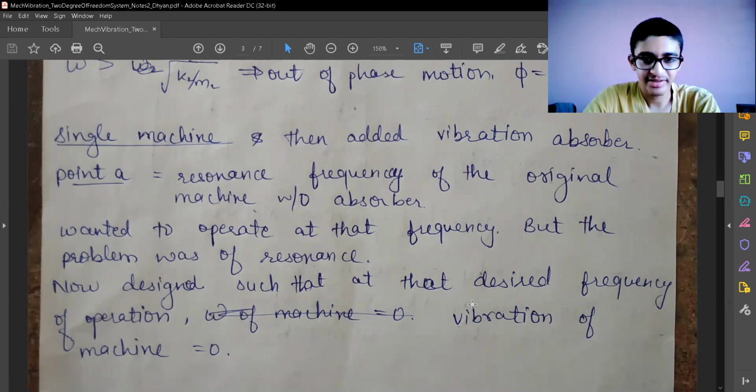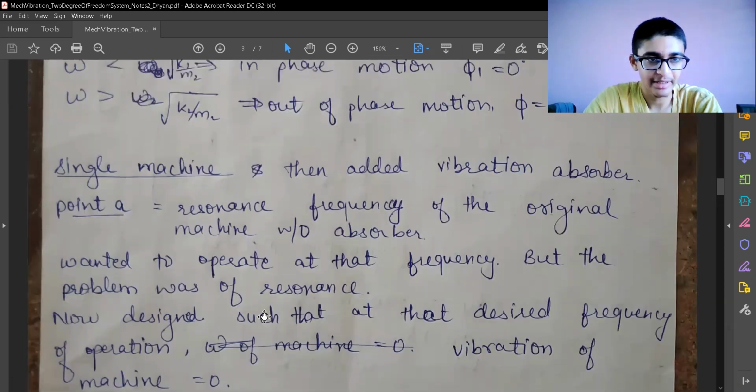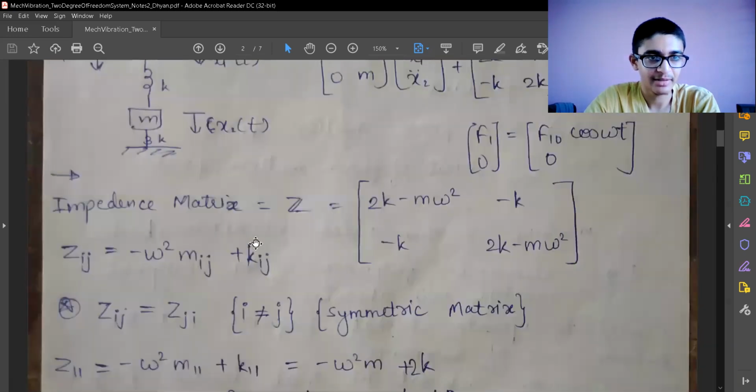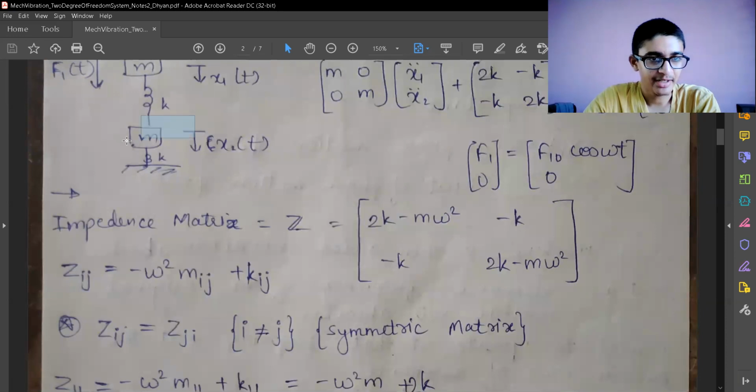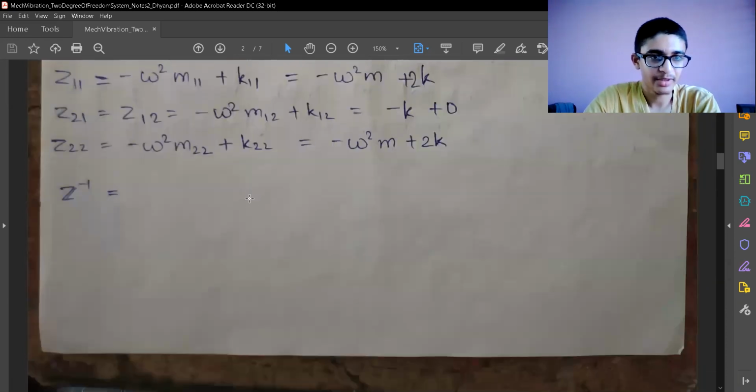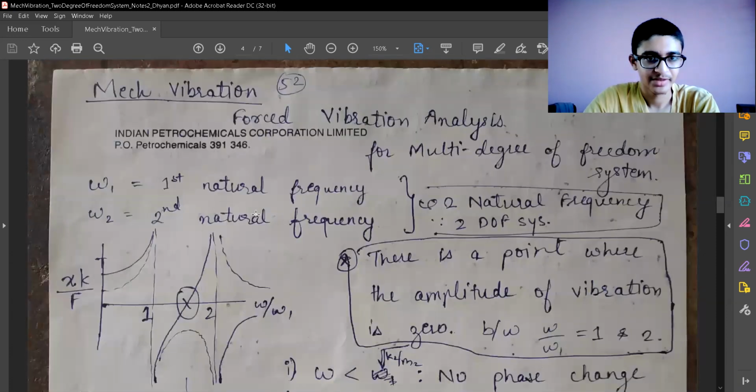Now we are going to design such that at the desired frequency, that is the natural frequency of operation, the vibration of the machine is zero. The machine is the main mass, that is the mass which is being given that force. And the second mass is now referred to as the vibration absorber mass or the secondary mass.